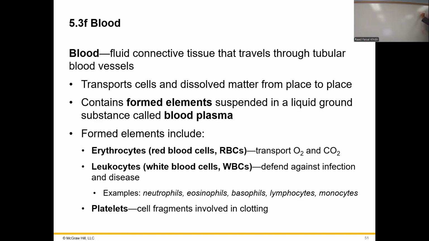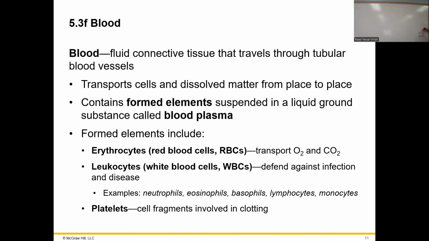The first is the pellet that's all the way in the bottom, which represents about 45% of my blood sample. 45% of my blood is erythrocytes.